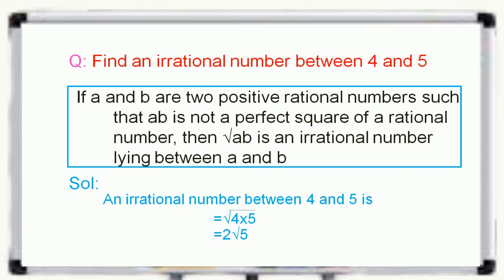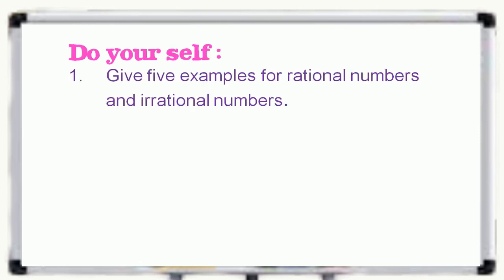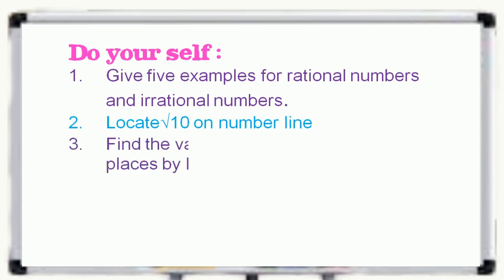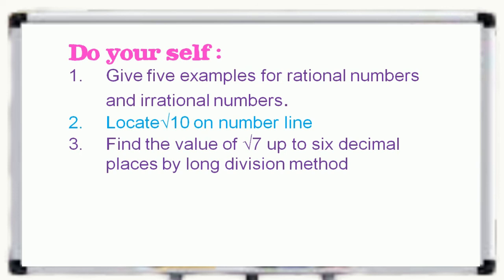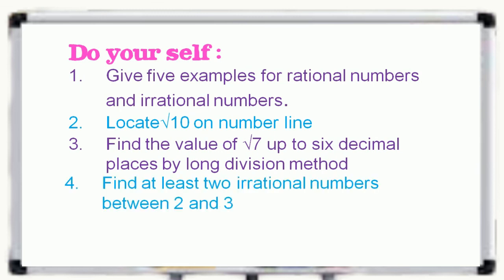So here, do these questions yourself. Number 1, give 5 examples each for rational numbers and irrational numbers. Number 2, locate square root of 10 on the number line. The third question is find the value of root 7 up to 6 decimal places by the long division method. The fourth question is find at least 2 irrational numbers between 2 and 3.